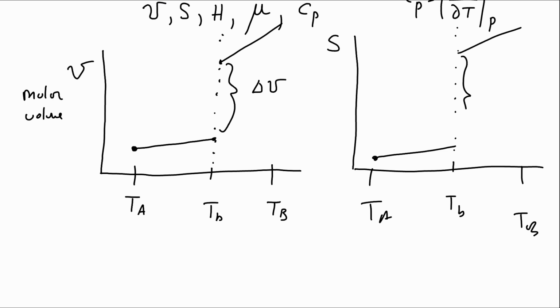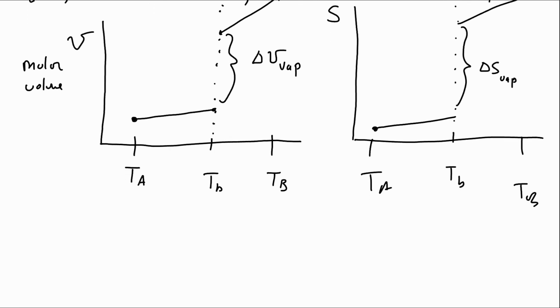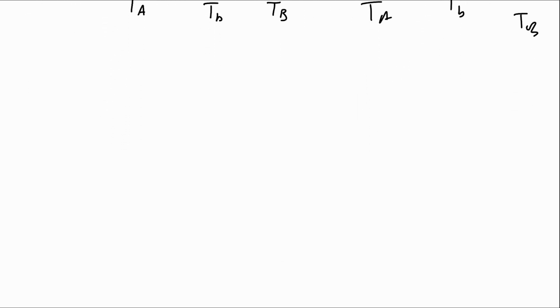And so here's delta S of that, and since we're talking liquid to gas, we could put sub VAP, vaporization. And in the back of the book, there's tables of delta S of vaporization, delta V of vaporization. Maybe that's not always in the table. But you get the idea.